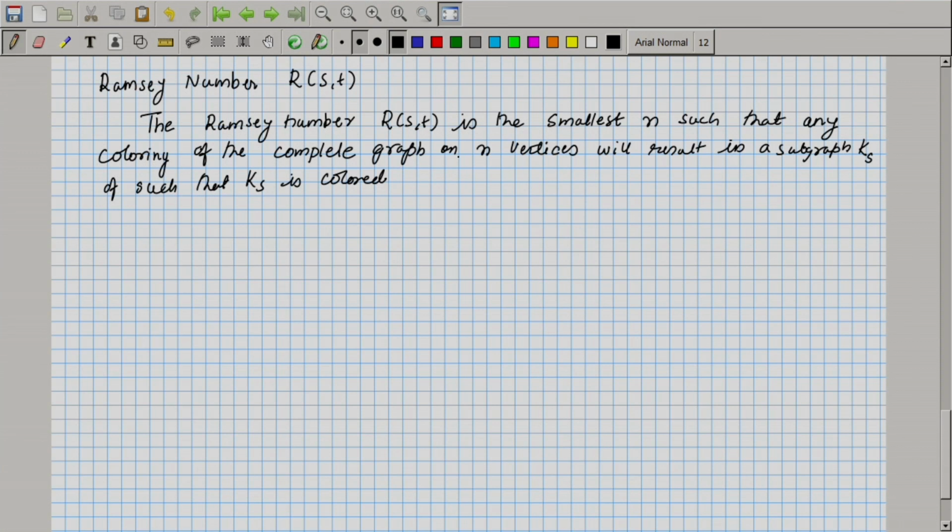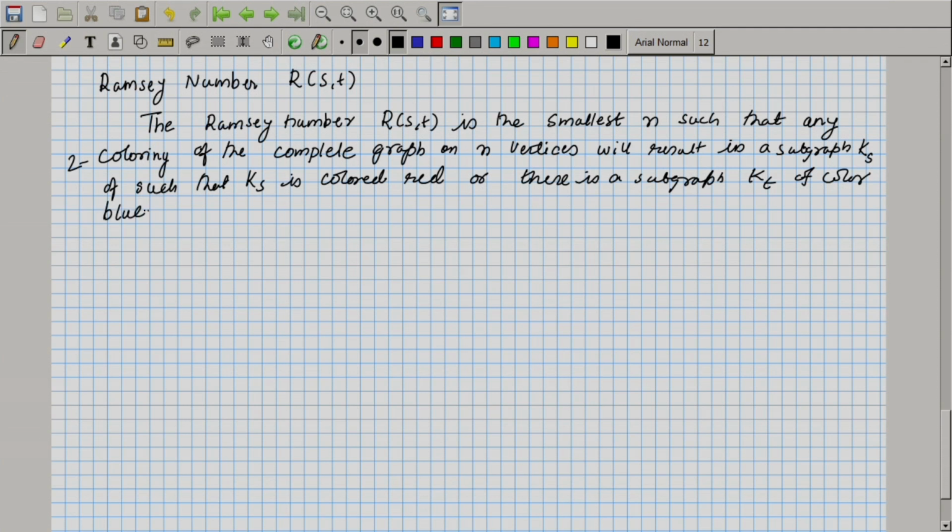So, any coloring, here we are using two colors, and we will assume without loss of generality that the colors are red and blue. So, there is a subgraph K_S that is colored red, or there is a subgraph K_T of color blue.